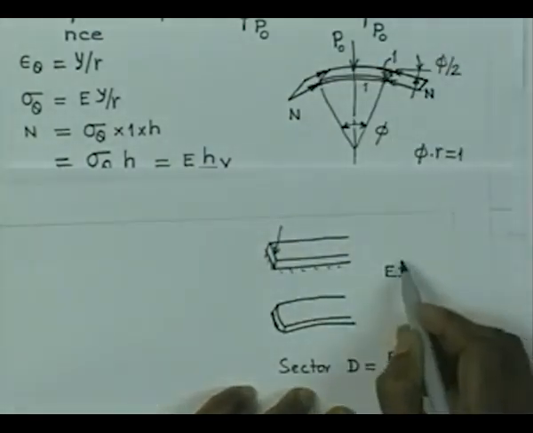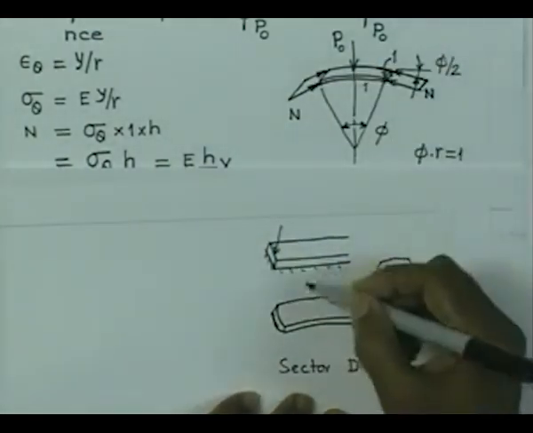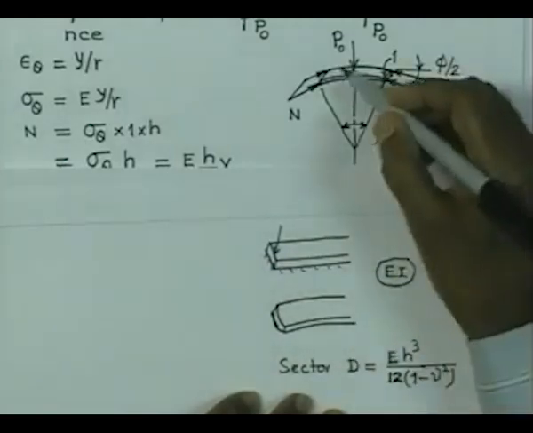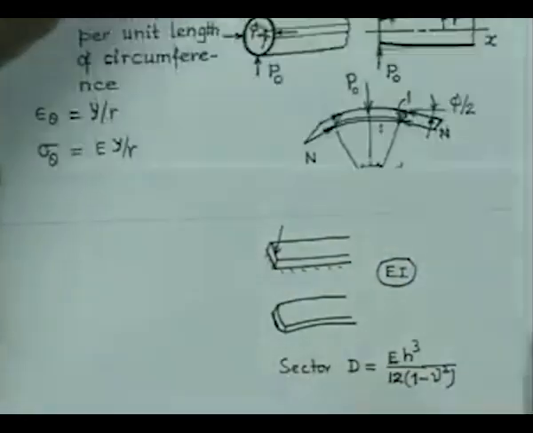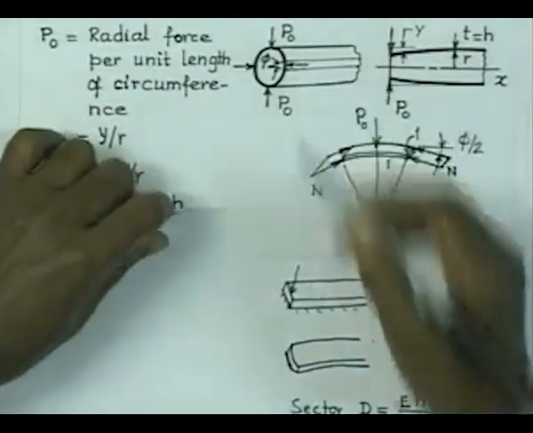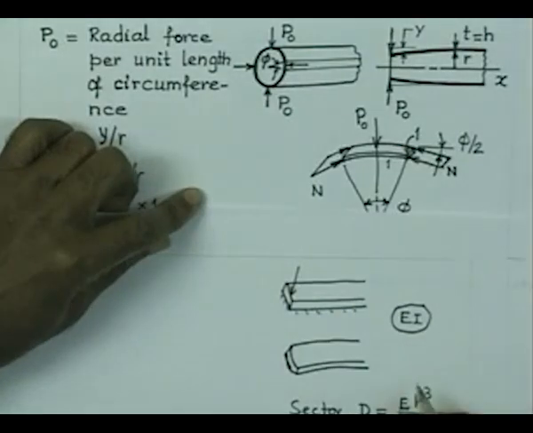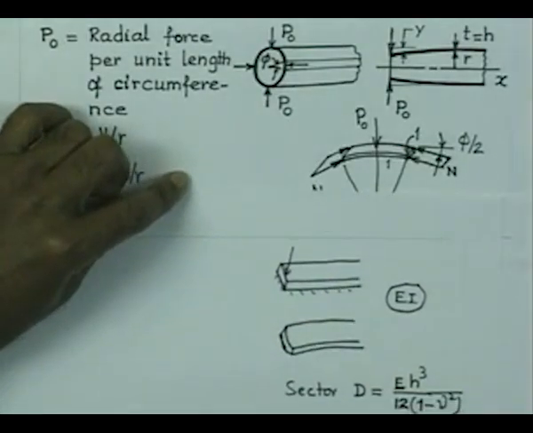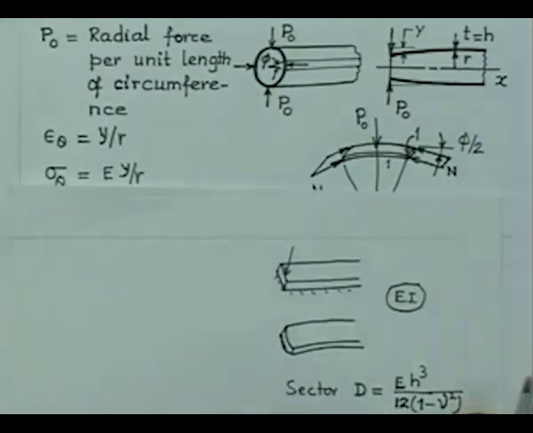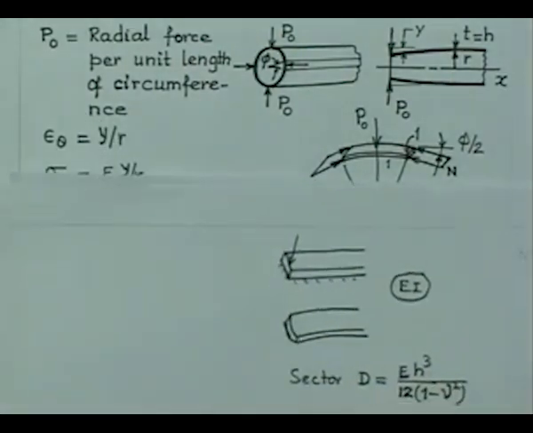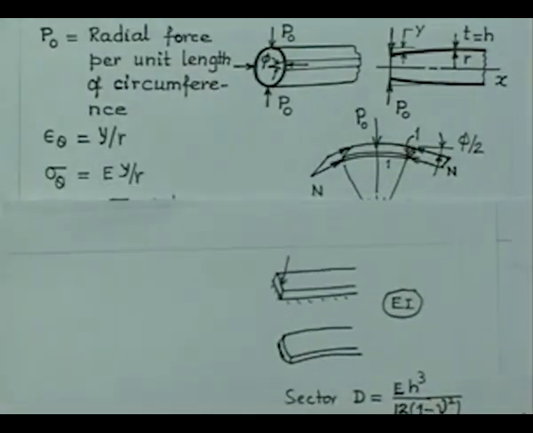In the case of a beam it will be EI, but in the case of this sector of a shell, it is going to be replaced by D, and it is E h cube by 12 into 1 minus nu square, where nu is the Poisson's ratio. So, there is some extra rigidity. By the extent 1 minus nu square, it really goes into increasing the rigidity.